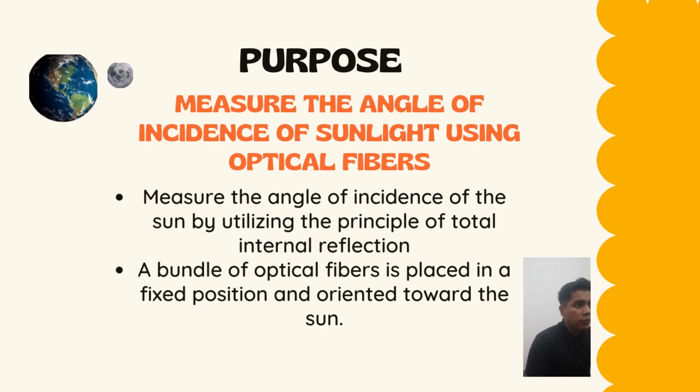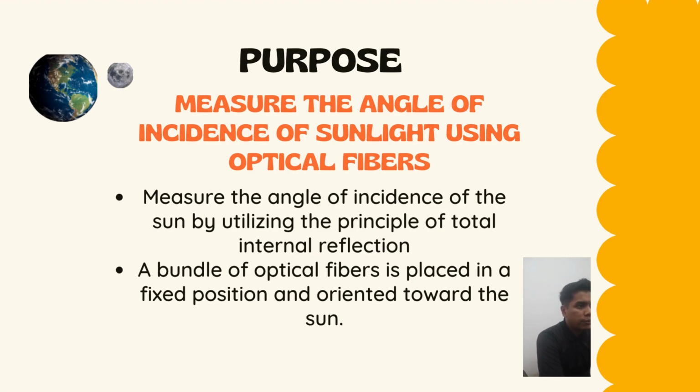The purpose of this presentation is to introduce a low-cost system for measuring sunlight incidence angle using optical fiber. So this system has the potential to revolutionize the way we measure sunlight incidence angle and could have wide-ranging applications in fields such as solar energy systems, agriculture and architecture.